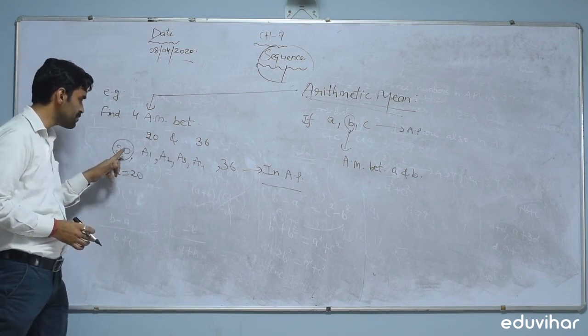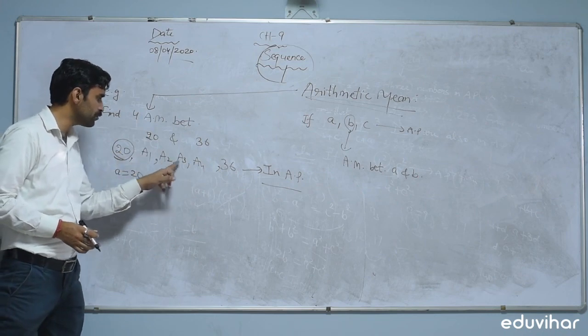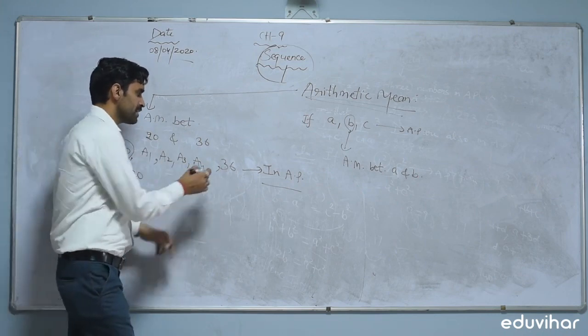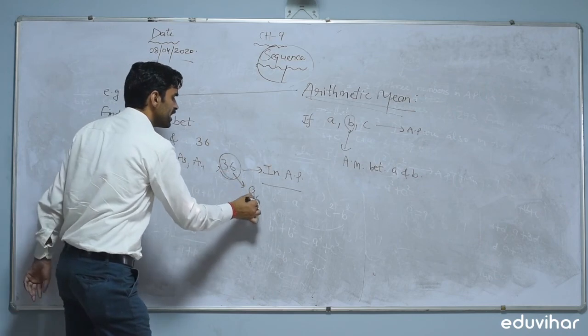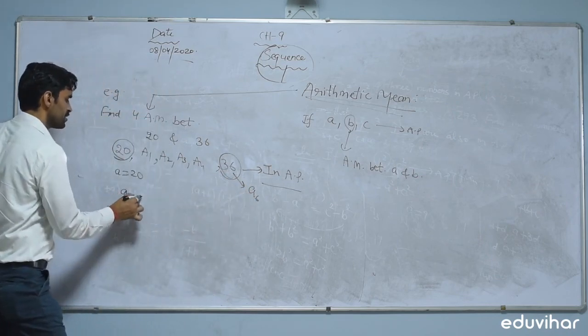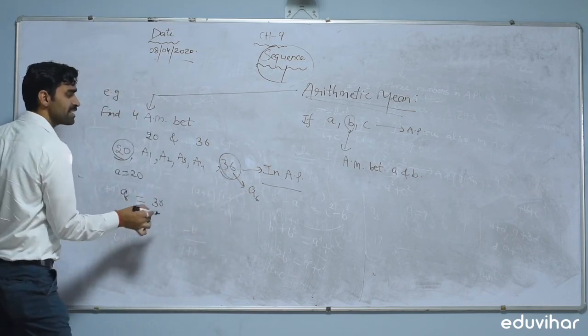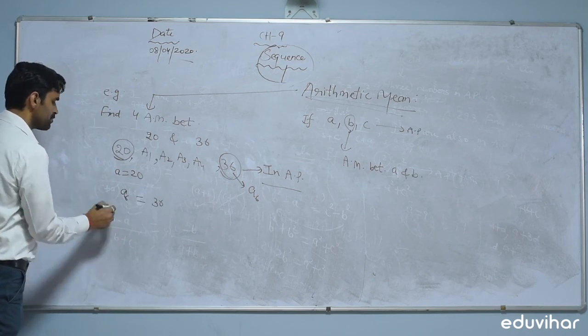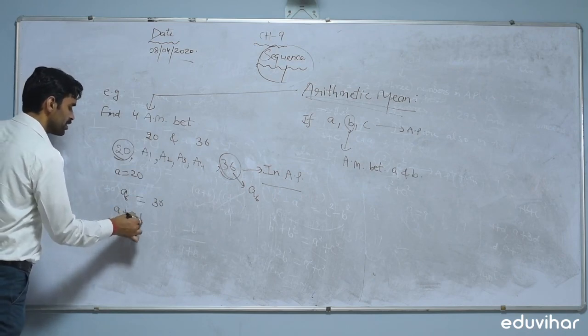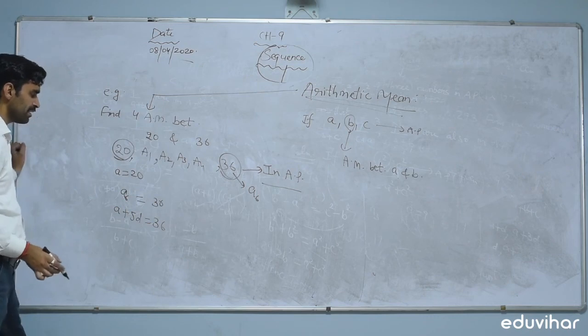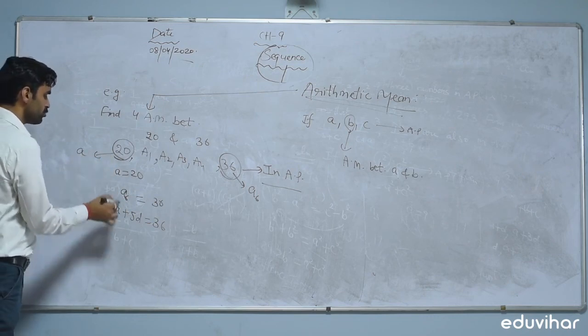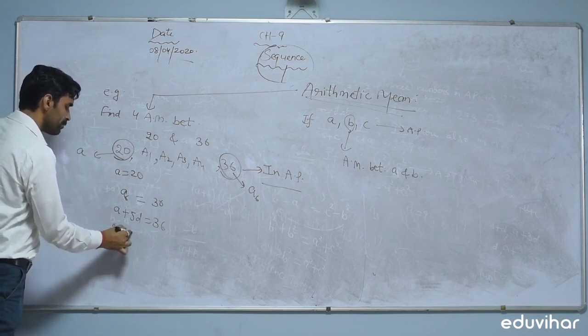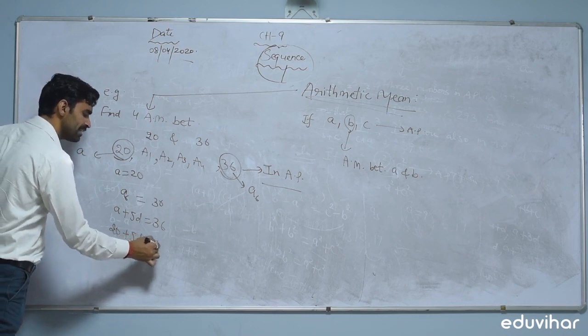Now this is the first term, second term, third term, fourth term, fifth term, sixth term. It is the sixth term of the AP, and the value of the sixth term is 36. Sixth term means a plus 5d equal to 36. Here the value of a is given to be 20, so 20 plus 5d equal to 36.